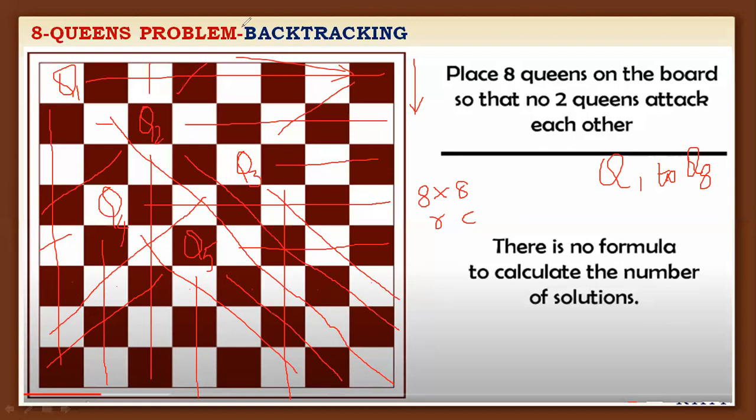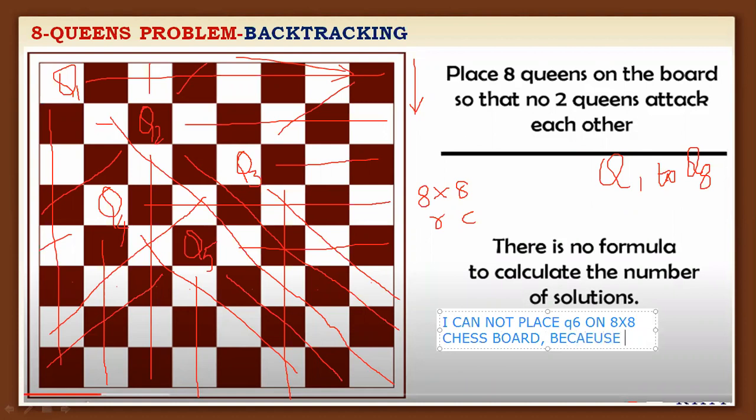So the concept is, I cannot place Q6 on the 8 by 8 chessboard because there is no safe place available in the 6th row.